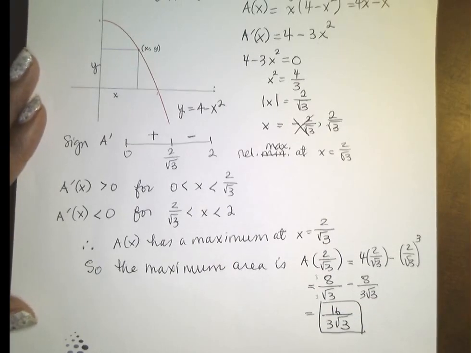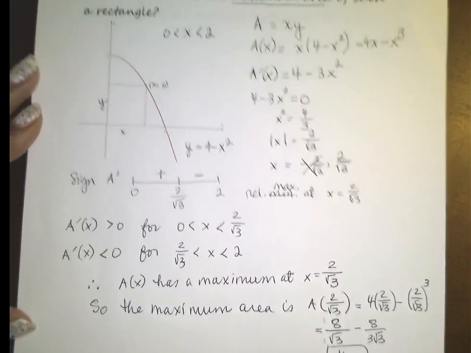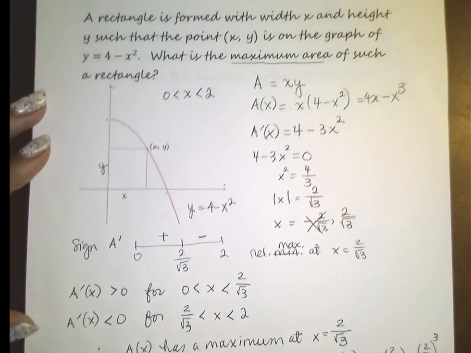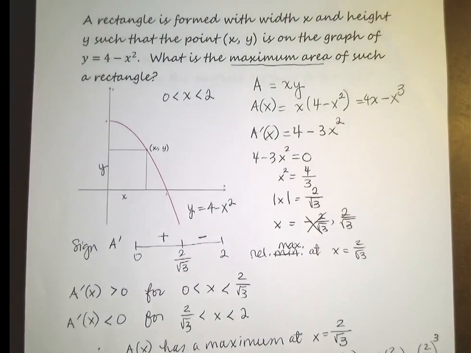That's my maximum area. My steps in solving a problem like this, and most optimization problems, are pretty much the same. First, we read the question and make sure we understand what's going on. Sometimes it might be helpful to draw a diagram if one's not given to you, and if you do, make sure you label it with the given information.